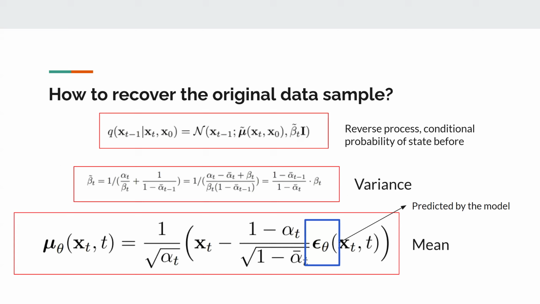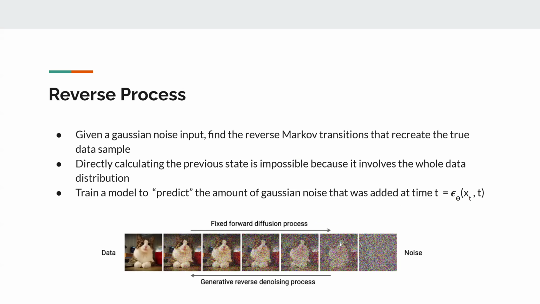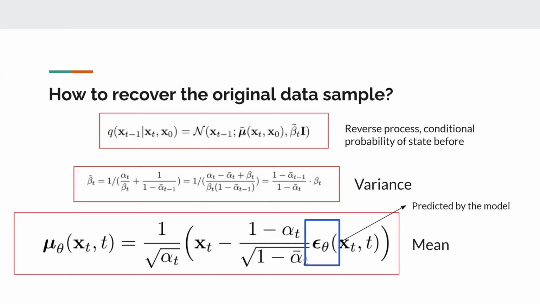So because this diffusion model is based off a Markov chain and the probability of transitioning from one state to another is a Gaussian distribution, we need to predict the amount of Gaussian noise. And if we have the amount of Gaussian noise, we can compute the mean and the variance for the Gaussian distribution. And using that, we can find the conditional probability of the state before.